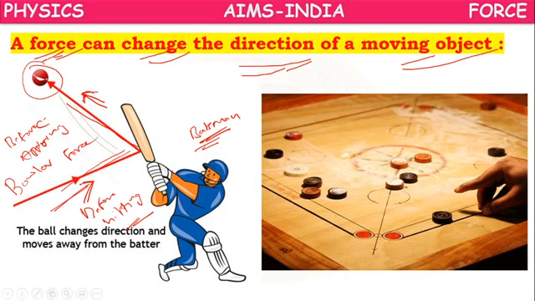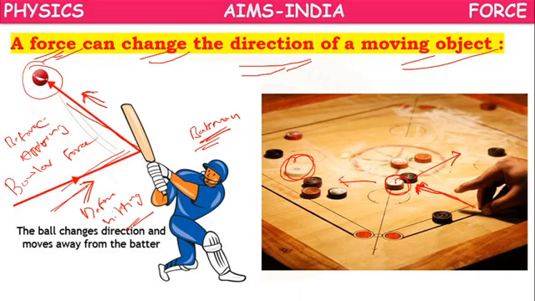Or if you take the example of a carom board, here you have a striker, here you have a coin. Suppose from here, with the help of the striker, you hit the coin, what happens to the coin? You are hitting in this direction.